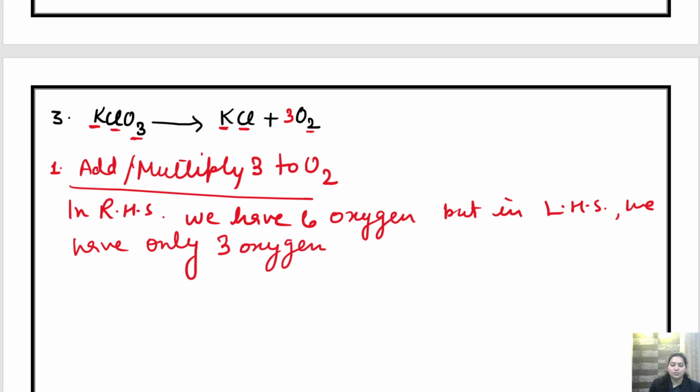So how we are going to balance it? We will multiply 2 here. Alright. What we will do? We will multiply 2 to KClO3.